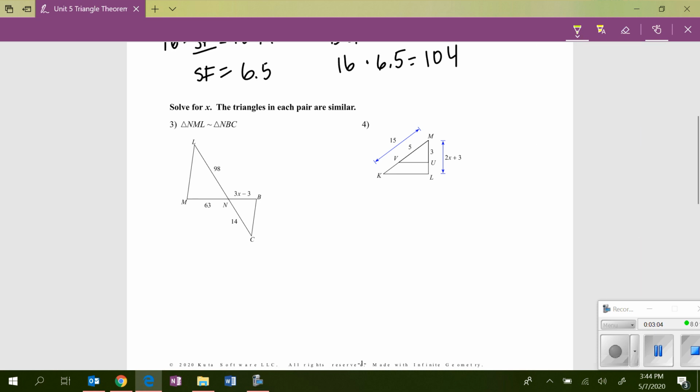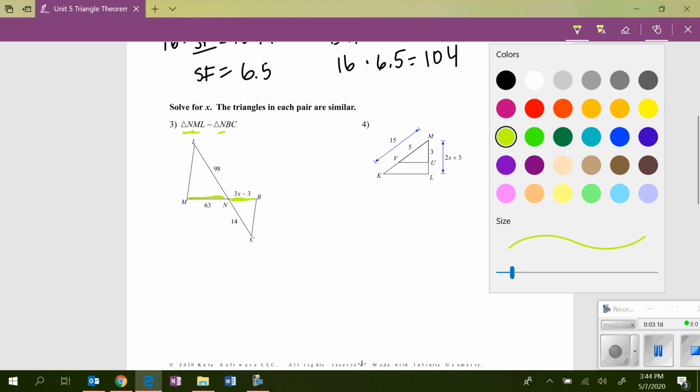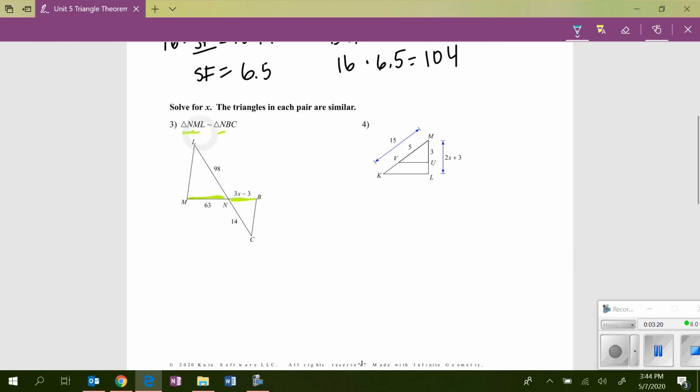Looking at number 3, we have a similarity statement, which means I need to make sure that I'm going in order. So NM corresponding to NB, meaning they're proportional, not equal. ML corresponds to BC.